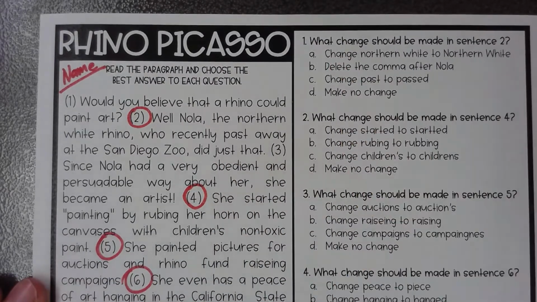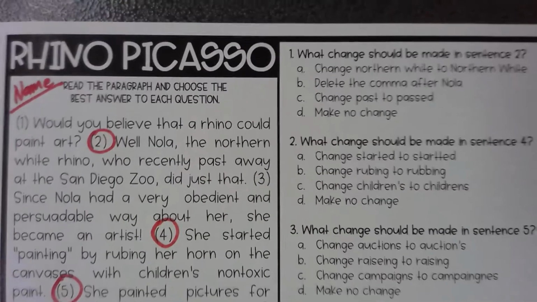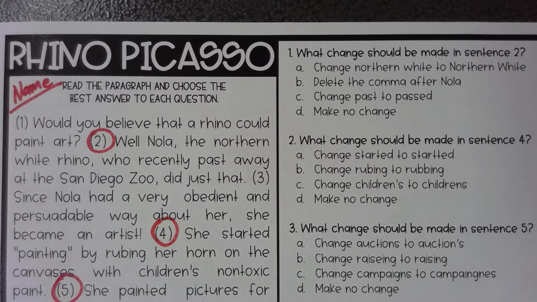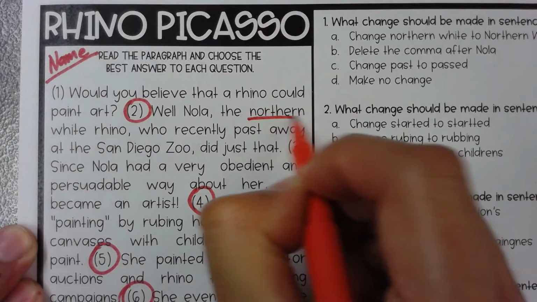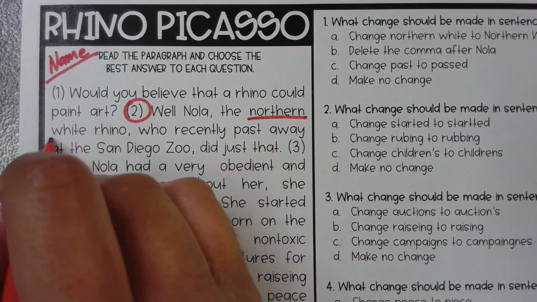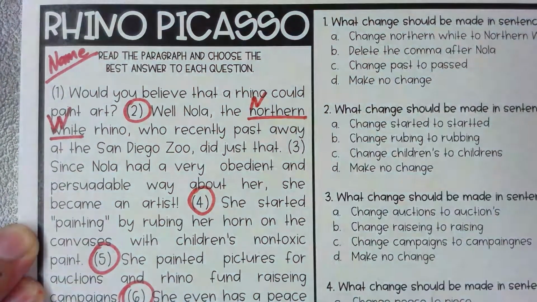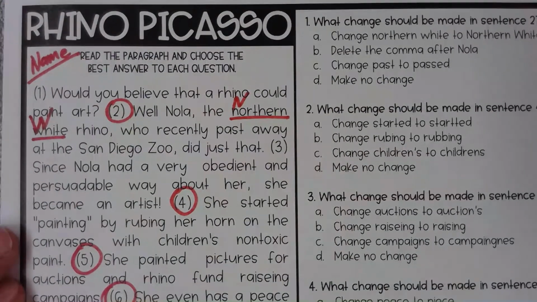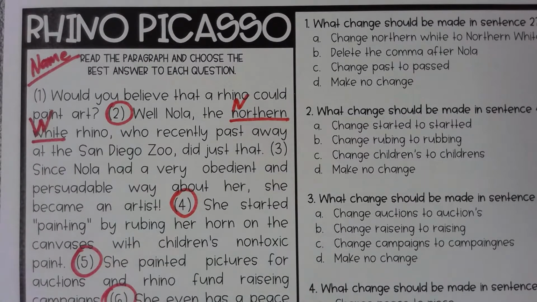Number 1, what change should be made in sentence 2? A, change northern white to northern white, but the N and the W are capitalized. So what you need to do is you're going to underline northern white, and the W and the N are going to be capitalized. That's a possible edit. B, delete the comma after Nola.